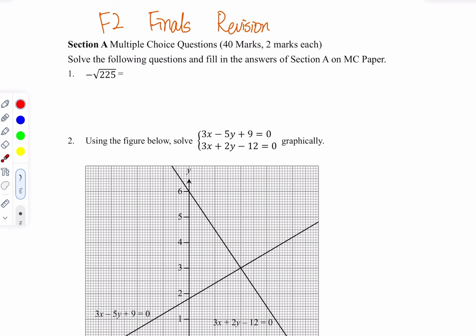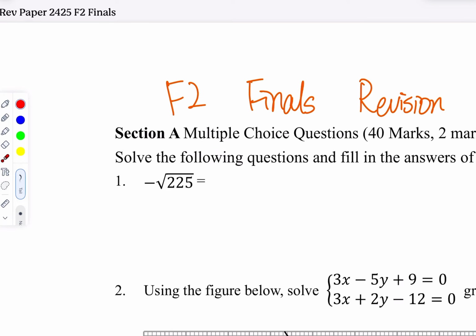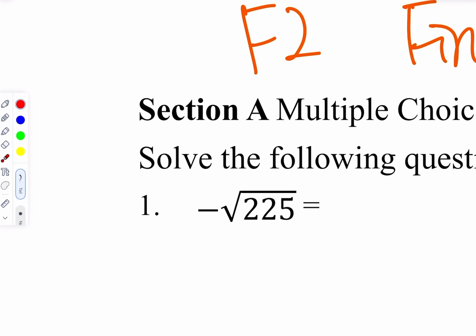So first one is just testing your calculator knowledge, or you could say how good your square numbers are. If you have a negative outside the square root, you need to click negative first, and then click the rest of the things in the calculator.